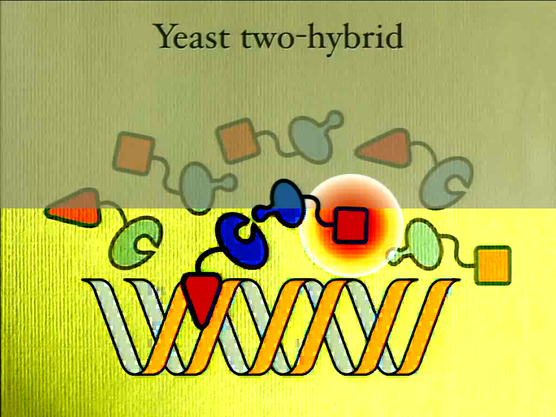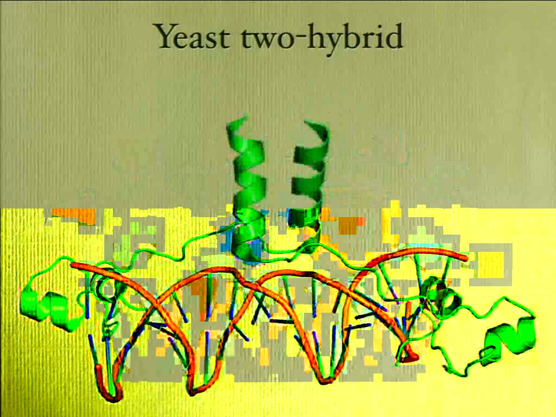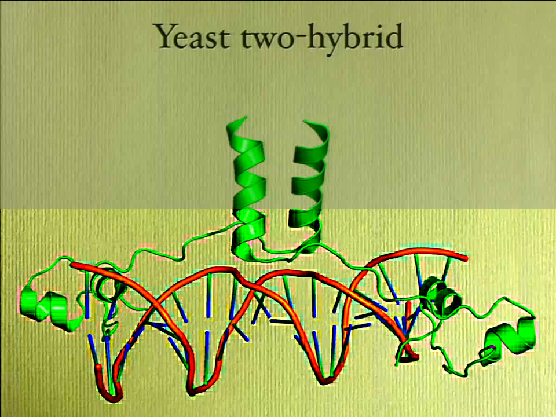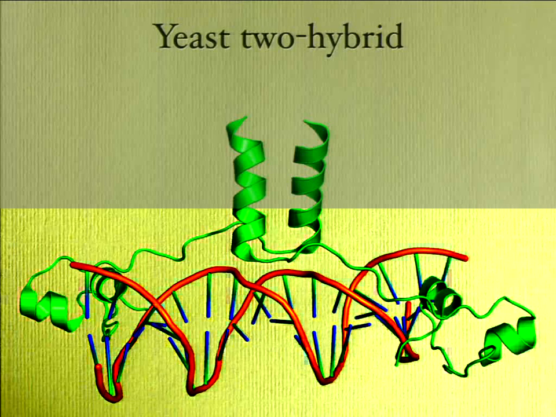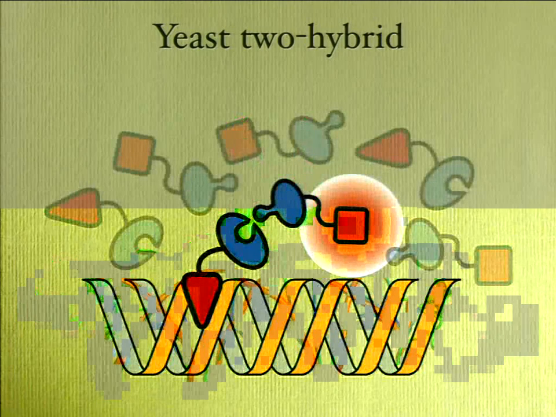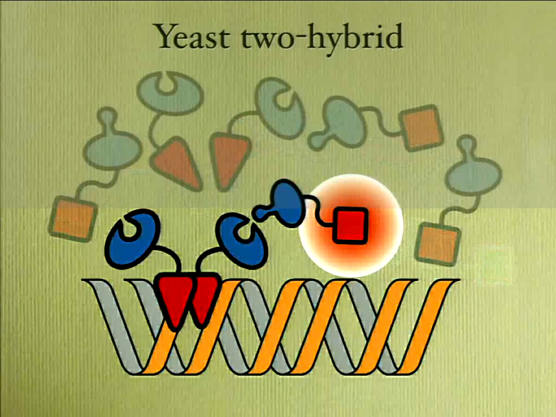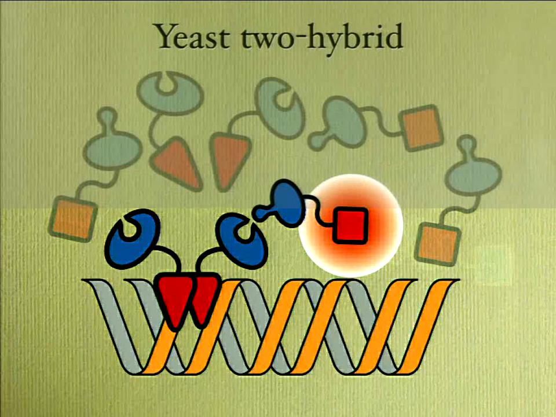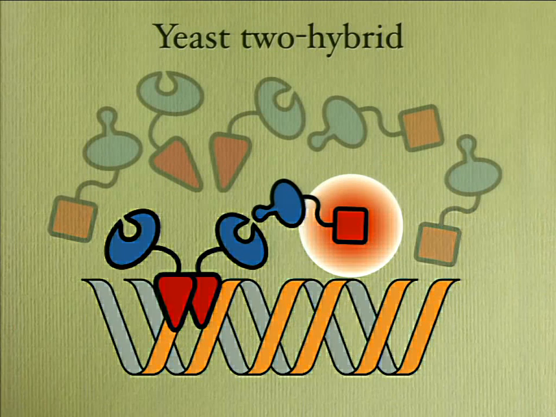What you don't see in these cartoons is that, in fact, the Gal4 binding domain binds the DNA as a dimer. So if we go back and look at our initial cartoon, a more accurate representation is to show that binding domain as a dimer. Now, let's look at a scenario.